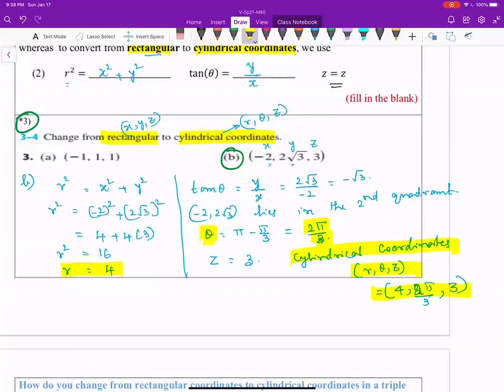Whenever you find theta, it is important to note which quadrant the point (x, y) lies in. That determines the appropriate angle theta.